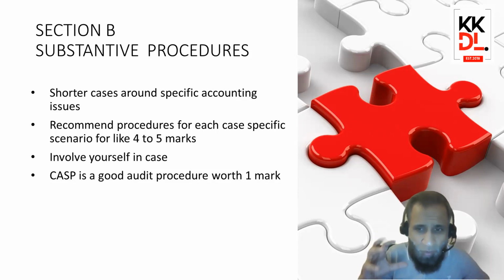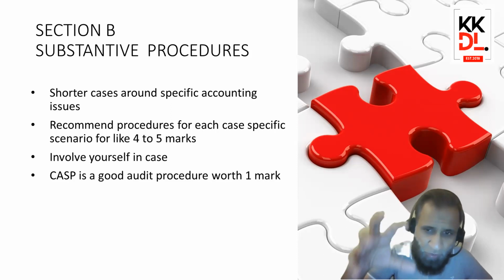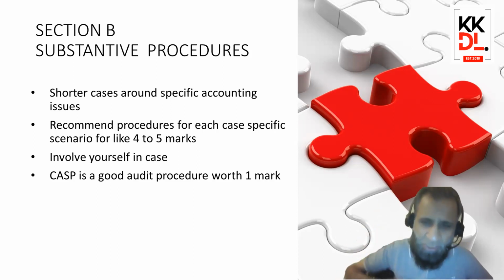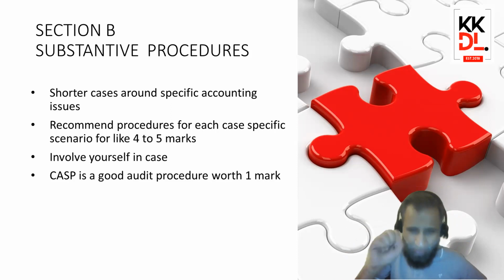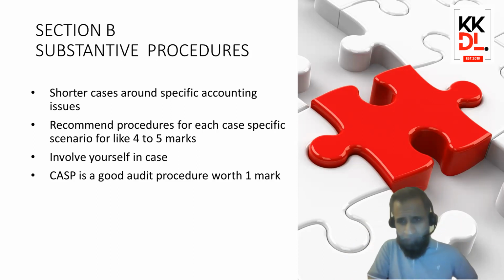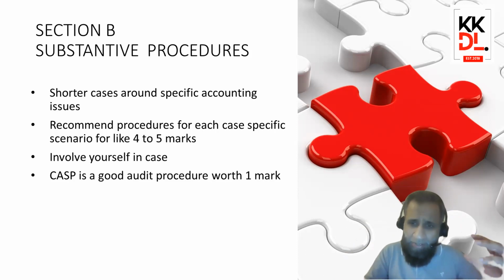You're not writing a rote-learnt procedure on purchase of a new asset, because that purchase of a new asset has something special in the case study. You need to be around it. For example, in the June 23 mock exam, the management acquired a new asset, but they capitalized even the training cost. They even capitalized the sales tax.